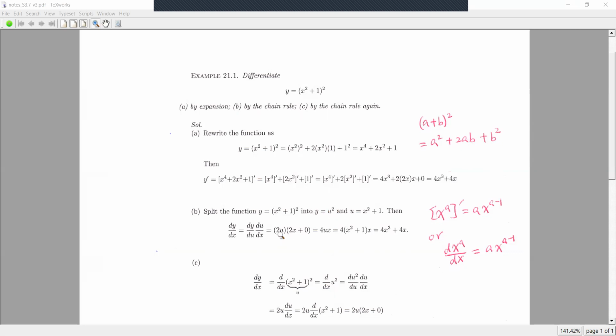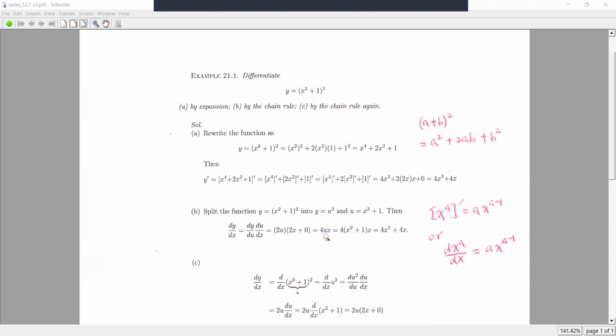It is 2u. du dx is the derivative of this function. The derivative of x squared is 2x. The derivative of 1 is 0. So I have this equation. Simplify this product a little bit. I have this equation.